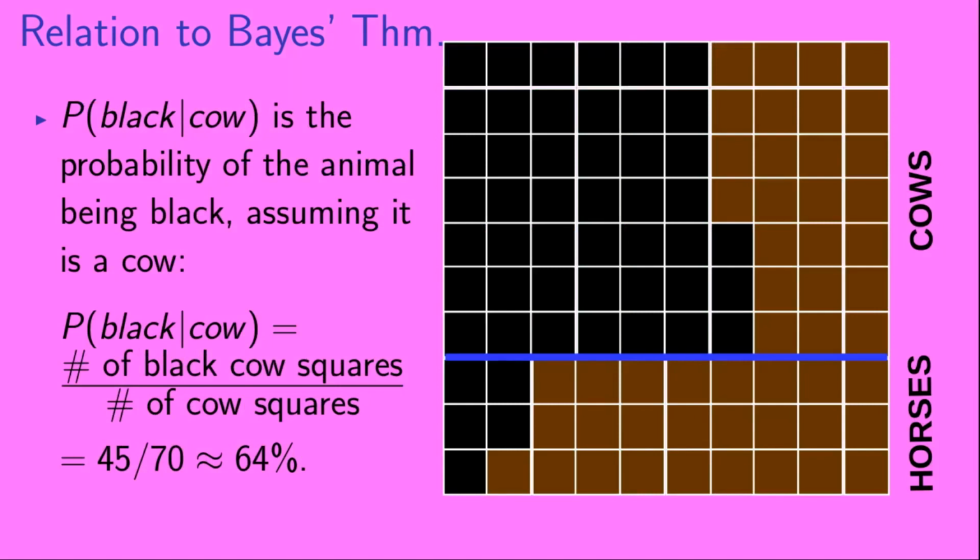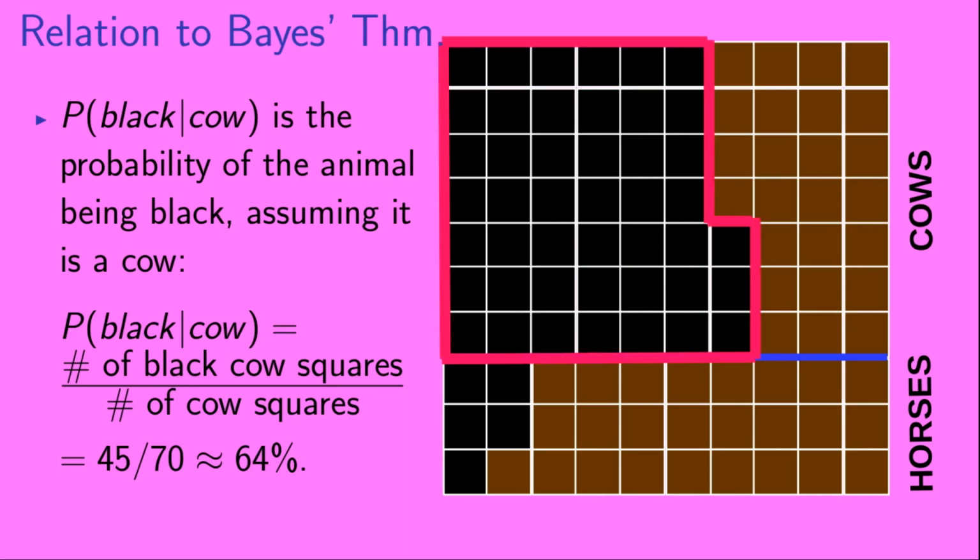Okay, so P of black given cow is the probability of the animal being black, assuming that it is a cow. So P of black given cow is equal to the number of black cow squares, shown here in the pink outline, divided by the number of cow squares, now shown in the pink outline. So that was equal to 45 over 70, which is about 64%.